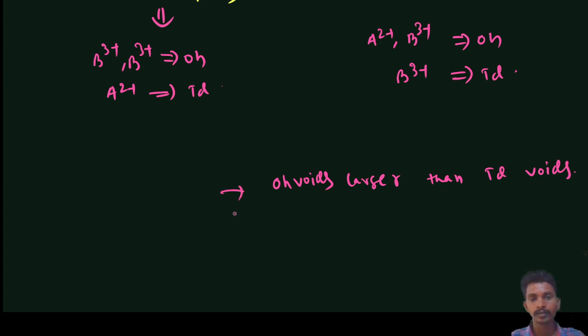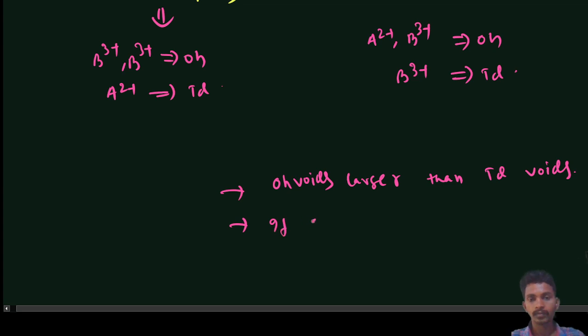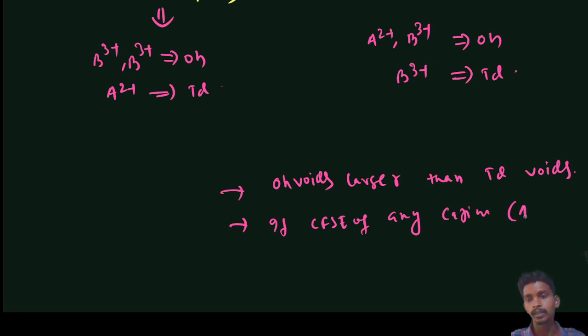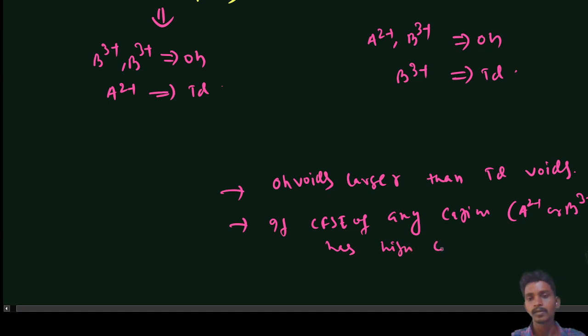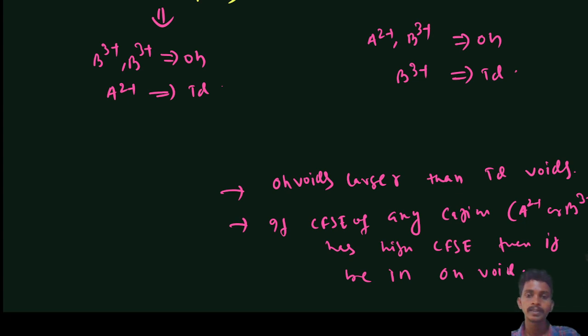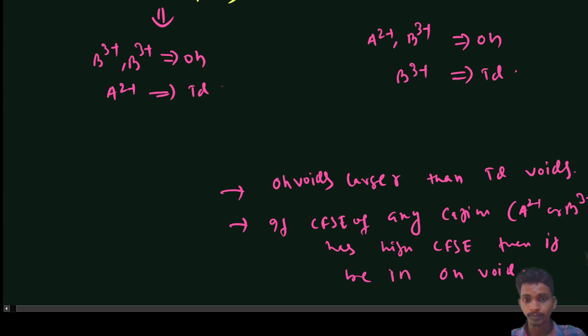So if the CFSE of any cation, here A2+ or B3+, is high, then it will be in the octahedral site. And if it has a low CFSE, then it will go to the tetrahedral site.